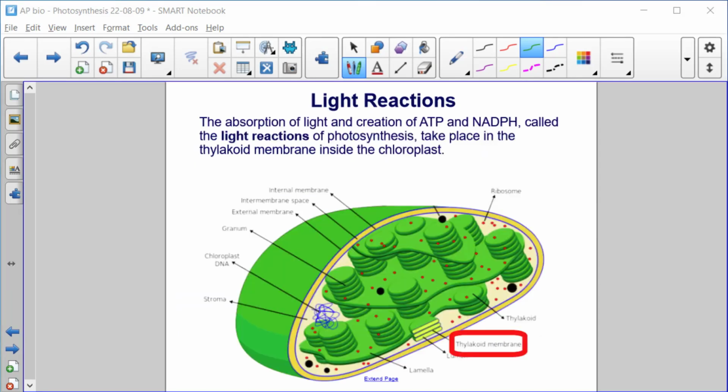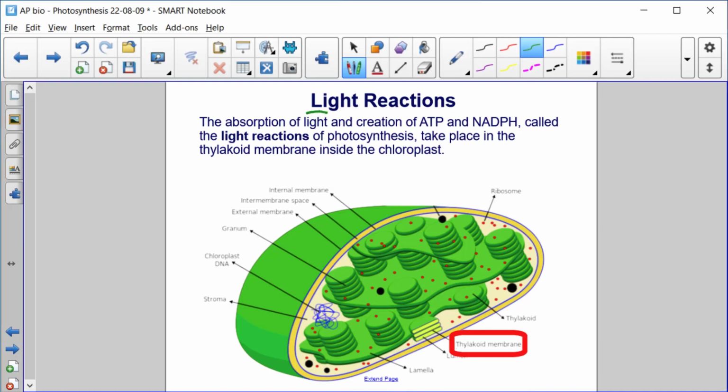So light reactions take place in the thylakoid membrane of the chloroplast, which you can see labeled here. The absorption of light from the sun and the creation of ATP and NADPH, those things together are called the light reactions of photosynthesis. They take place in the thylakoid membrane inside the chloroplast.